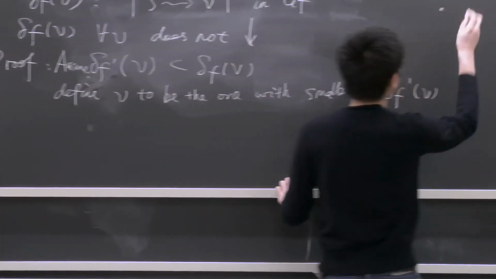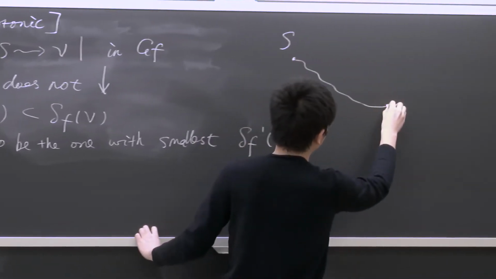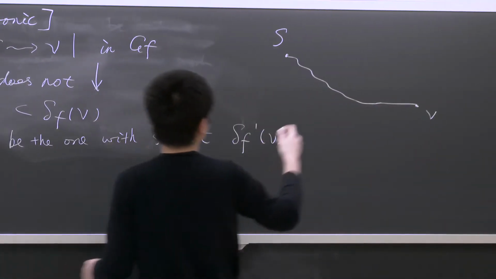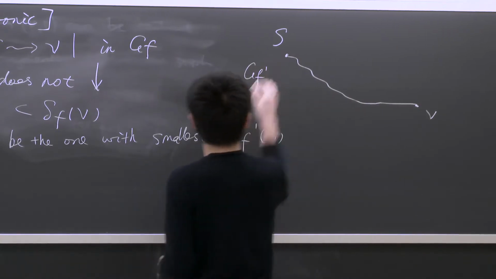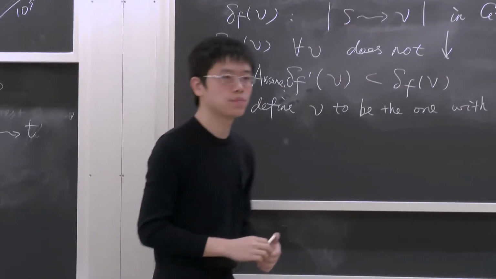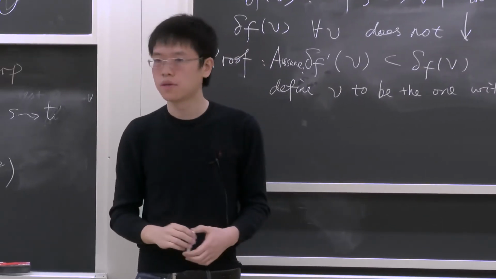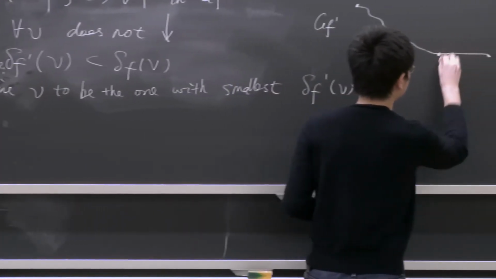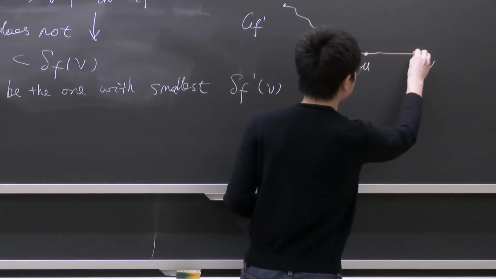Now here is my source. We have a path to V in graph G F prime. Okay, so this is a path. Then I can always find the predecessor, which I'll call U here.